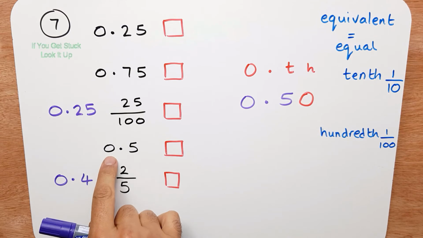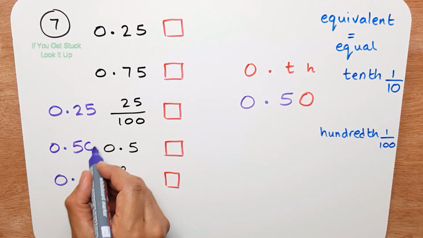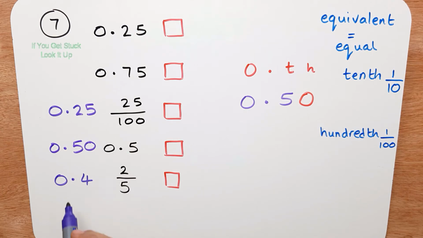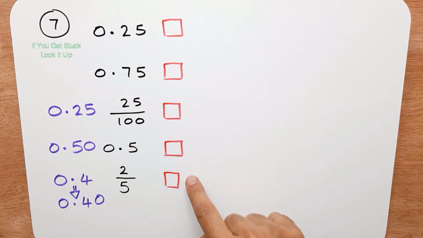So we have to know that 0.5 can be written as 0.50. And in the same way, we can write 0.4 as 0.40.